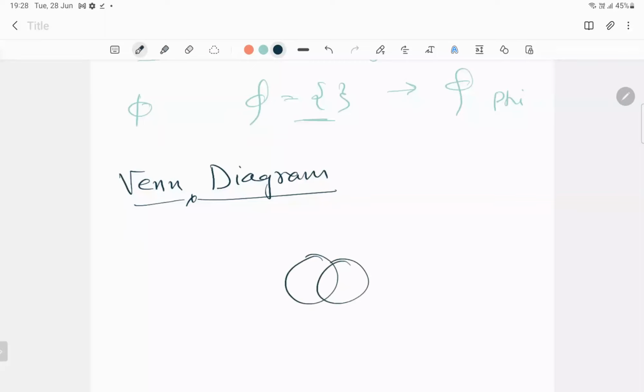Circles overlap. This is what a Venn diagram is. Okay, see, all the definitions are kind of rough. The thing is, why we use a Venn diagram is to get a logical picture of our problem.